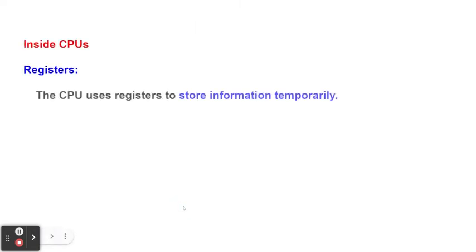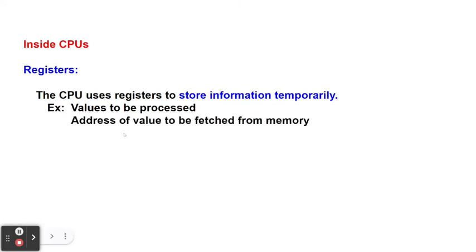Inside the CPU, we have what we call the registers, and we will talk about them now. The CPU uses the registers to store information temporarily. Remember that the register is inside the CPU. Examples of the information that we store temporarily in the registers are values to be processed or the address of the value to be fetched from memory.